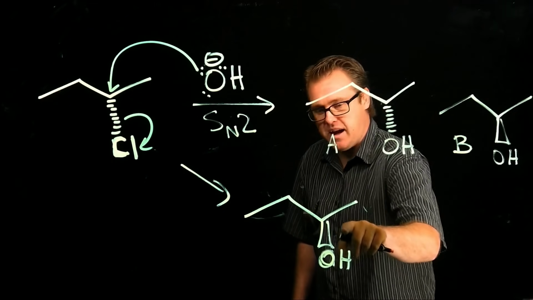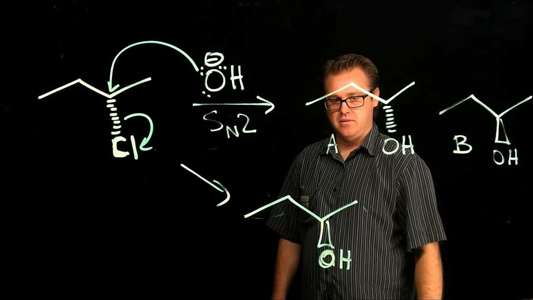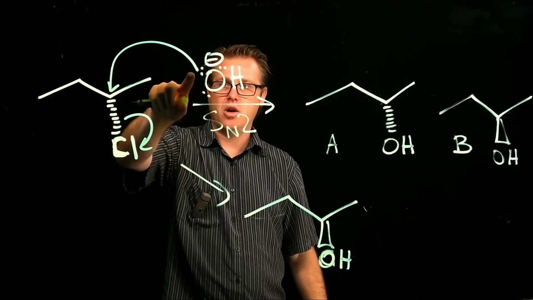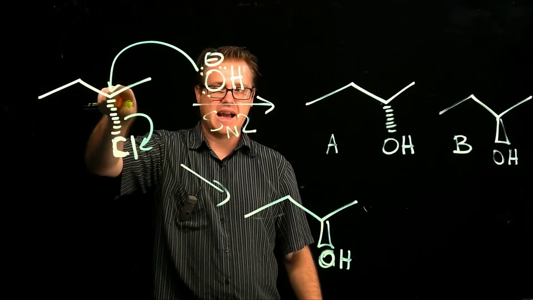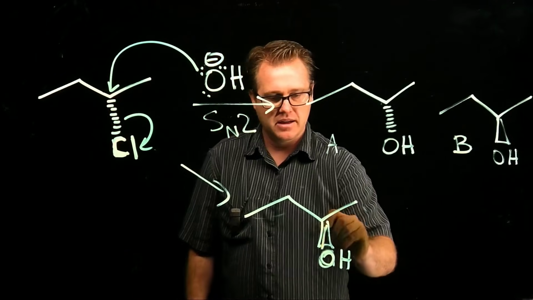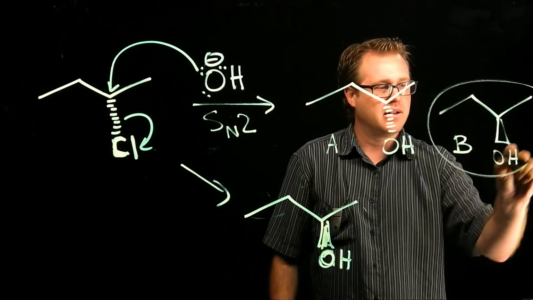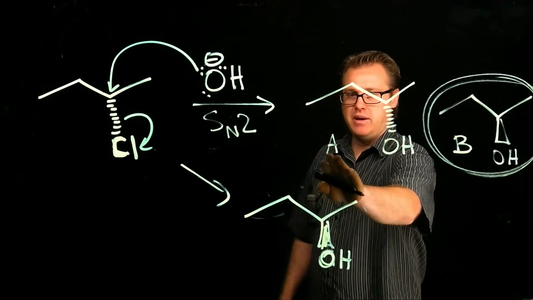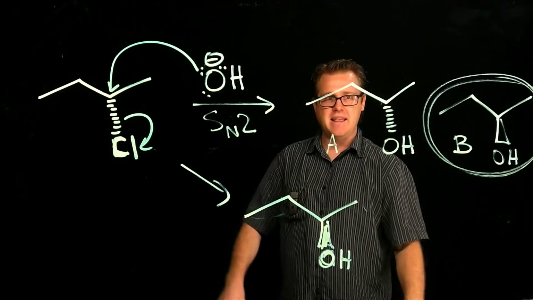So it can only be this product, because the mechanism says that. It can only attack backside. It's going to invert it. So the only answer is that. This is not going to be a mixture between A and B. The mechanism doesn't say that.